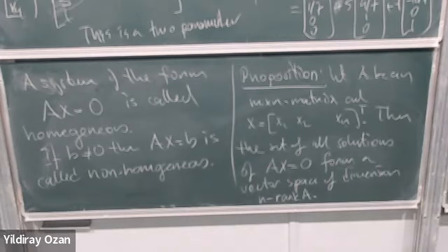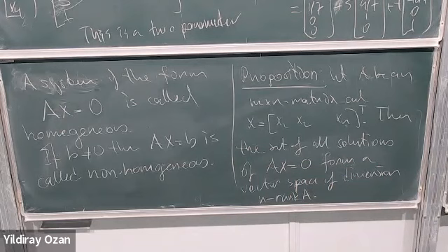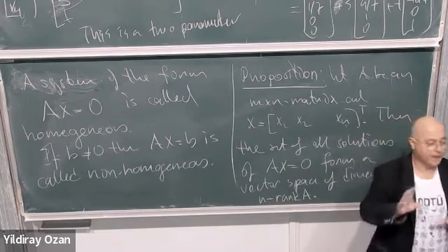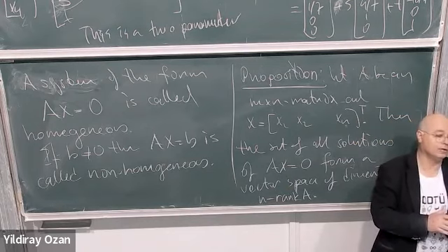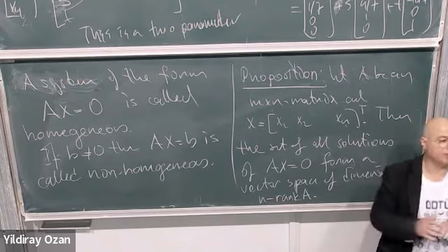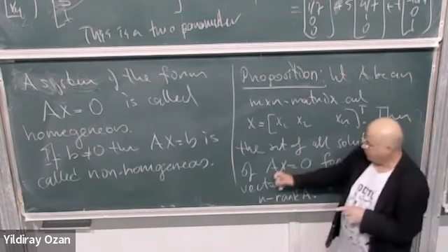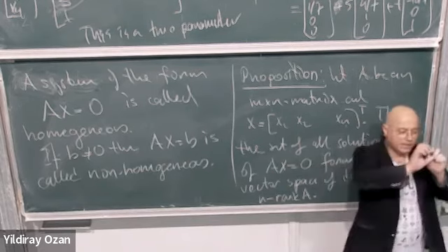Rank is, okay, actually I'll just remind you that you consider A as a linear map, and then it is just the rank of that linear map. Or if you want, you can just take the rows or columns of this matrix and take their span.